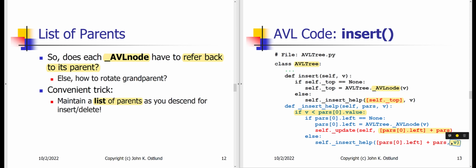Okay? All right, so this only handles traversing down to the left-hand side. You need to create the analogous code for traversing down to the right-hand side.